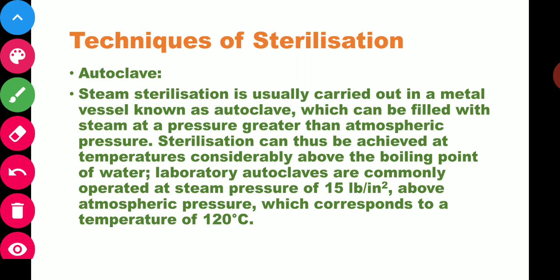It is a method of steam sterilization carried out in a metal vessel known as an autoclave, which can be filled with steam at a pressure greater than atmospheric pressure, so sterilization is achieved at temperatures considerably above the boiling point of water. Laboratory autoclaves are commonly operated at a steam pressure of 15 pounds per square inch above atmospheric pressure, which corresponds to a temperature of 121 degrees centigrade.